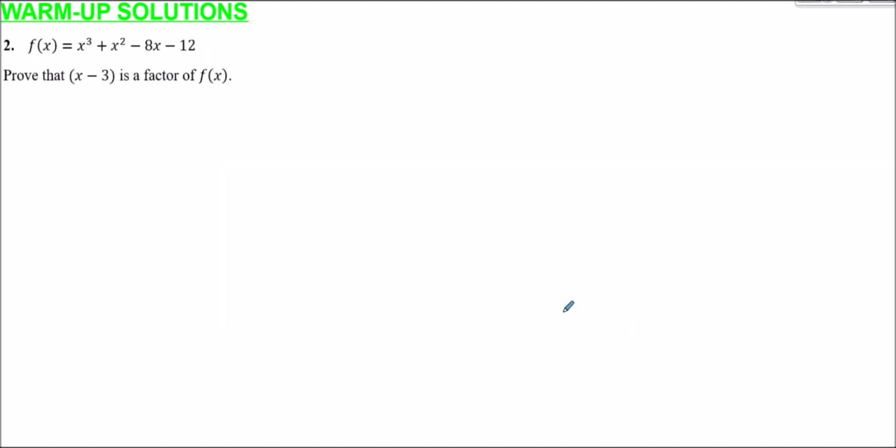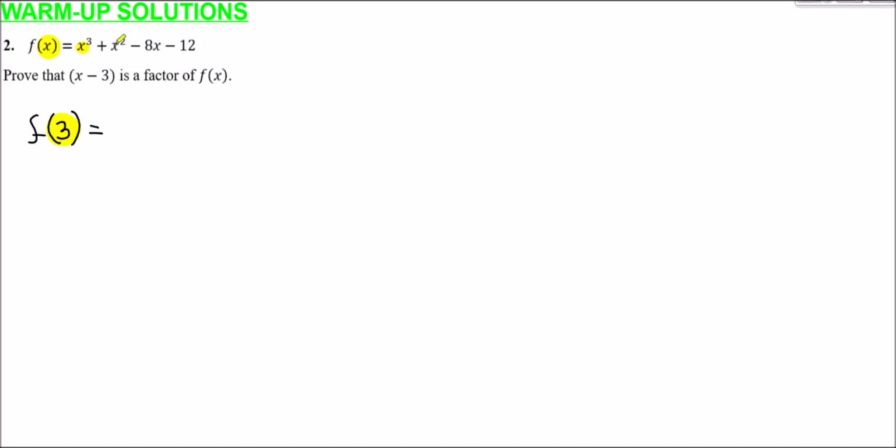Question 2, a very quick application and reminder of what the factor theorem is. So what we do here, instead of minus 3, we try f of positive 3. If that gives us an answer of 0, then by the factor theorem, that proves that x minus 3 is a root. So all we need to do here is just sub in when x is 3.